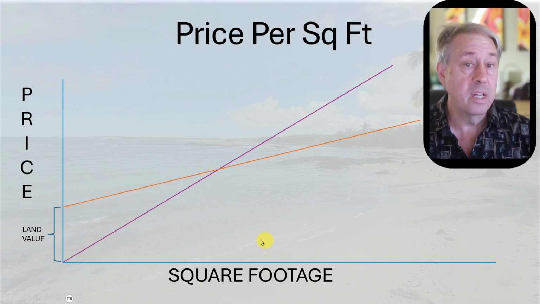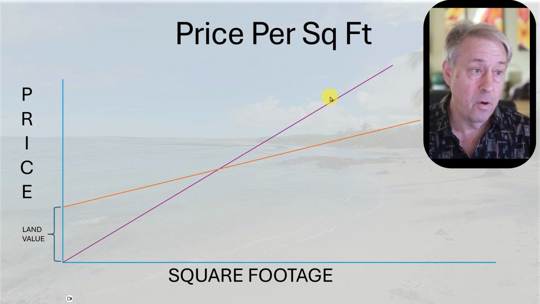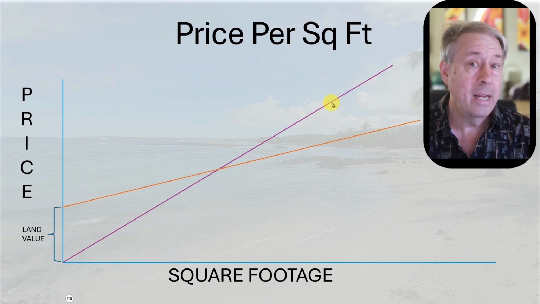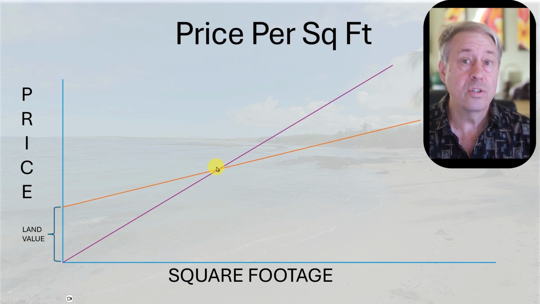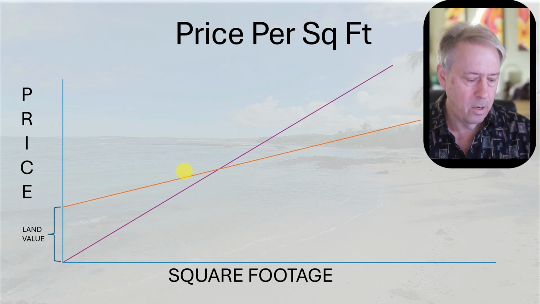And conversely, you are likely to overvalue, if you're up here on the purple line, high square footage homes. There's only one little area where the lines cross where it really wouldn't matter how you do it. So it really does require doing it in a different way if you want to be more accurate.